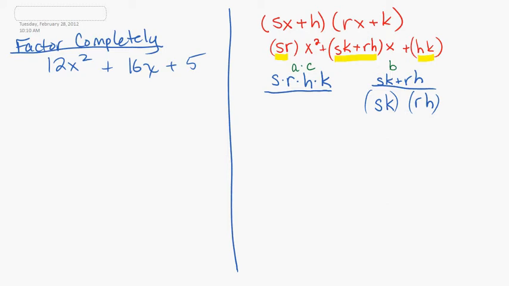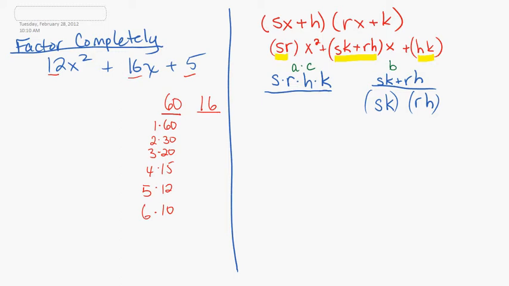So again, I'm looking for things that multiply to my a times c, which is 60, that also add to my b value, which is 16. And so I'd go through the factors of 60. 1 times 60, 2 times 30, 3 times 20, 4 times 15, 5 times 12, 6 times 10, 7 no, 8 no, 9 no, back to 10.